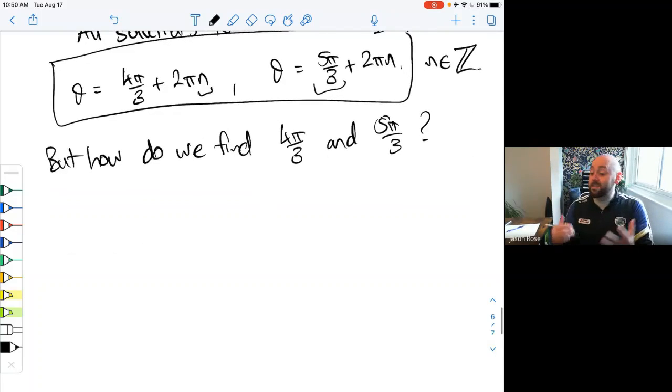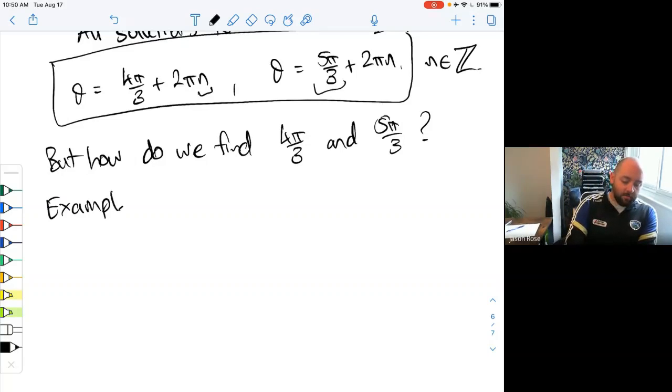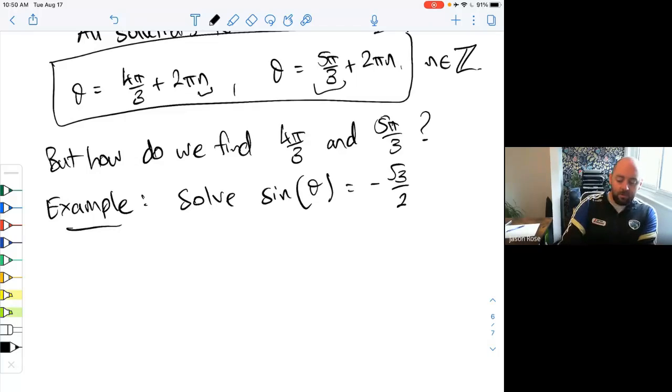Okay, so let's start the question from scratch. Here is an example. Let's say it is solve sine of theta equals -√3 over 2.